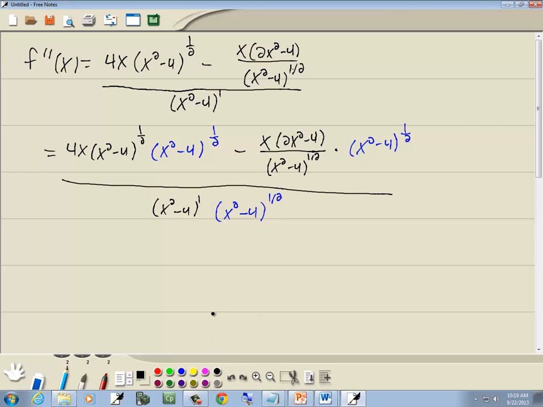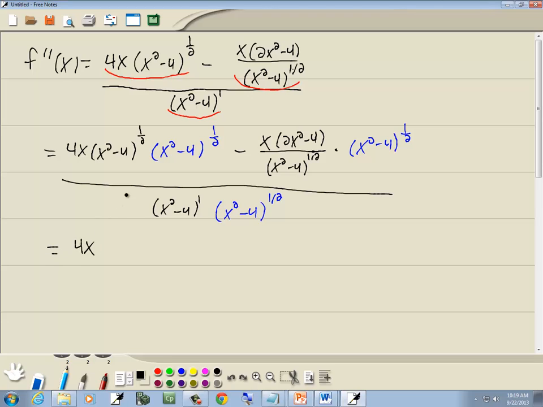When I say multiply times everything, this is considered one group here because everything's multiplication: 4 times x times this. This is considered one group because it's a single fraction. And then this is considered one group here. So that's how I figured what to multiply by.